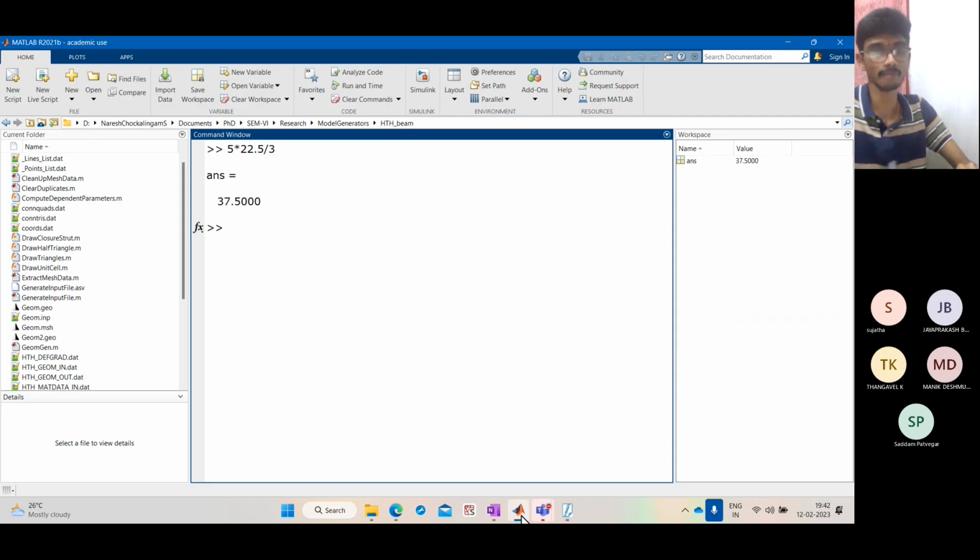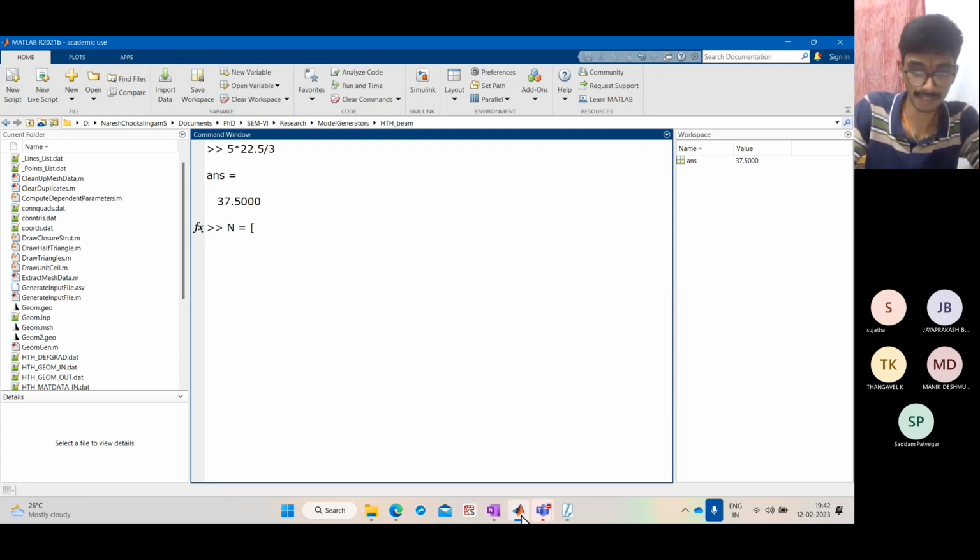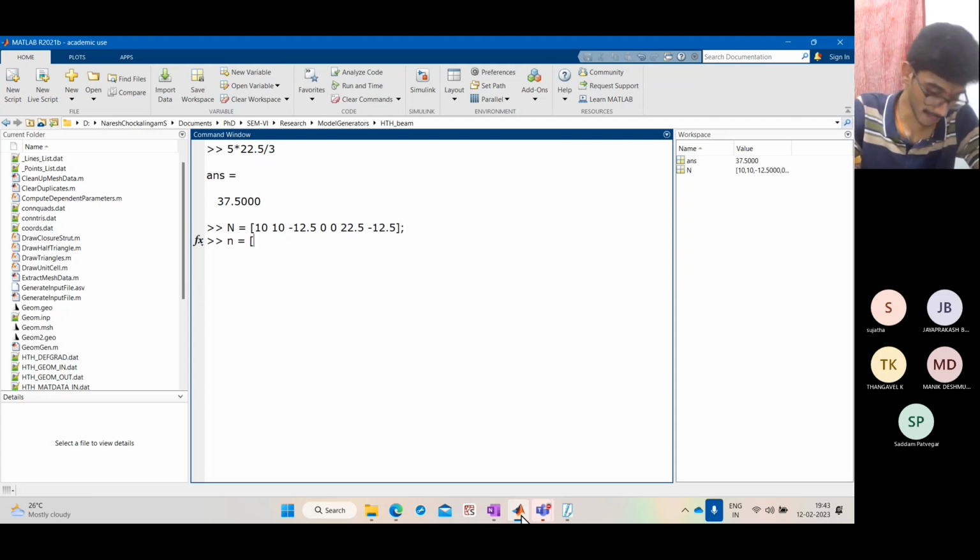What is the capital N vector? I have the values here: 10, 10, minus 12.5, 0, 0, 22.5, minus 12.5. Internal forces, they are 2/3, 2/3, minus 5/6, 0, 1, half, minus 5/6.